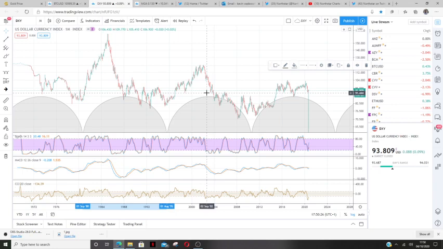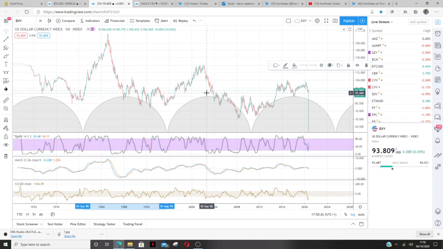But then the second cycle was more applicable to place an arc formation into, because if you look closely, it's much more satisfying to fit an arc to the price action here, because it actually does fit.